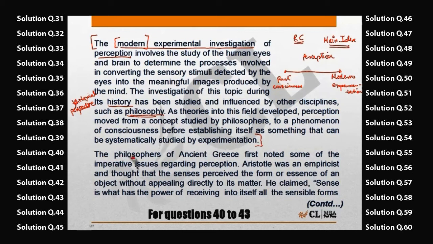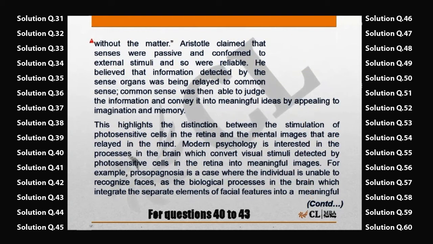Okay. The philosophers of ancient Greece first noted some of the imperative issues regarding perception. Aristotle was an empiricist and thought that the senses perceive the form of essence of an object without appealing directly to its matter. He claimed sense is what has the power of receiving into itself all the sensible forms without the matter.